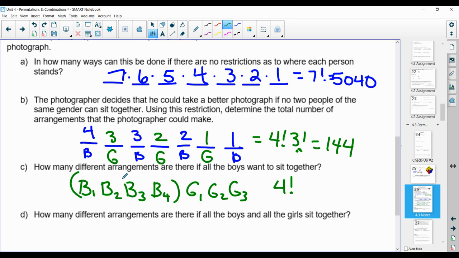Within the group of boys, we can arrange them 4 factorial ways. So we have 4 factorial times 4 factorial, and if we multiply that out, we get 576.